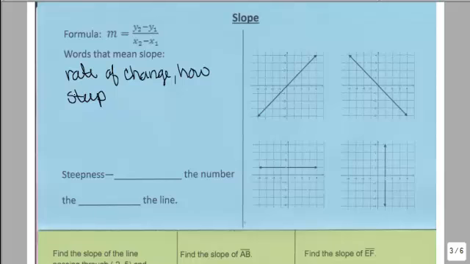And steepness means that the higher the number, the bigger the number, the steeper the line. So a slope of 5 will be a much steeper line than a slope of 1, is what that means.